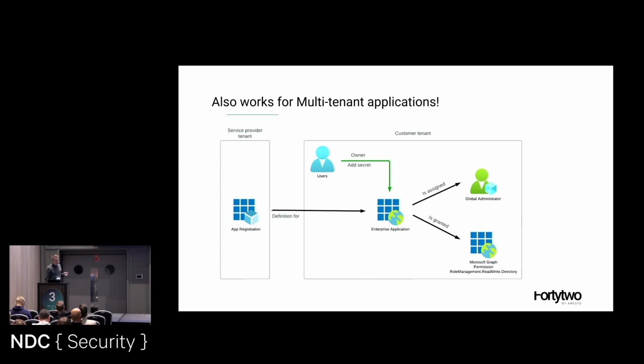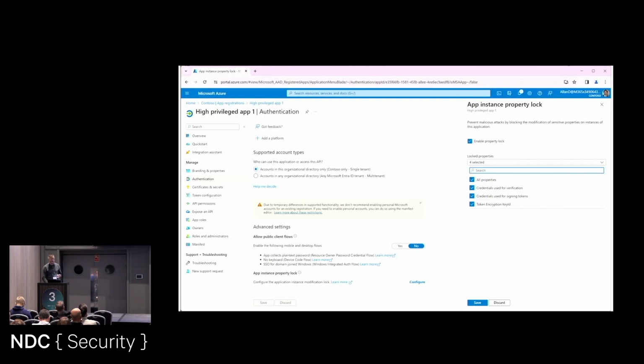So it will say in the log which key is actually used. So if they add a client secret, you will see in the sign-in logs that the secret was used. But yeah, there are ways to avoid it.